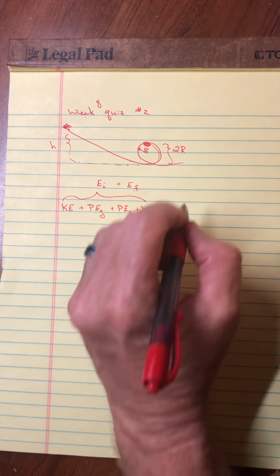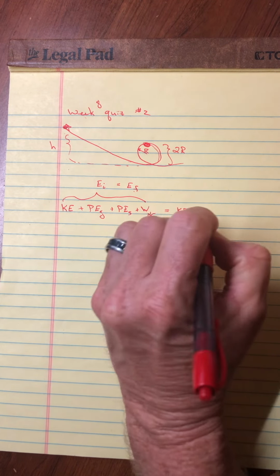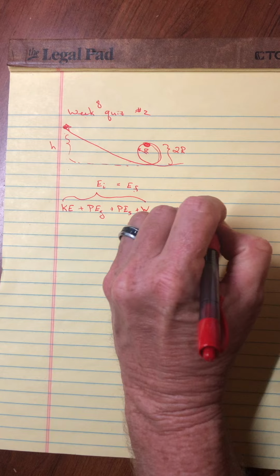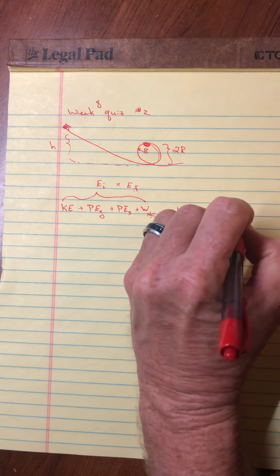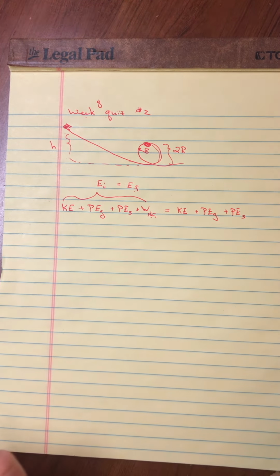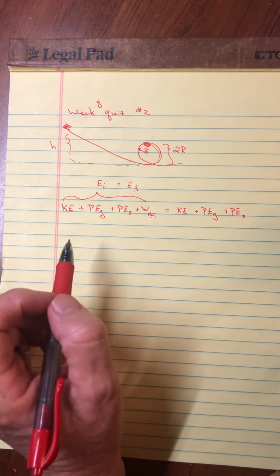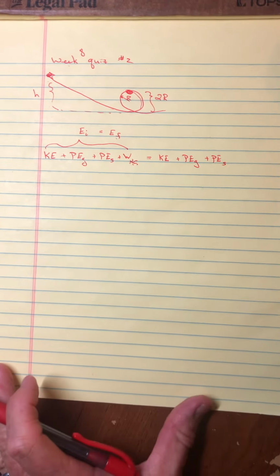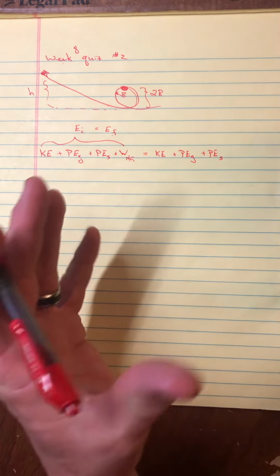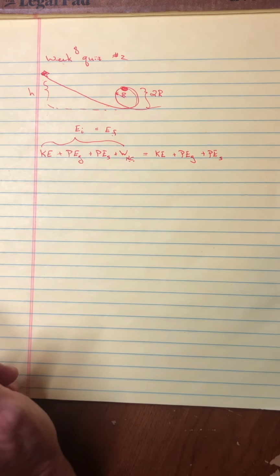And then final, well, we could have some final kinetic energy and some final gravitational potential energy and some final spring or elastic energy. And I like to write them all out for educational reasons. Maybe you should start every problem involving energy like this because you have laid everything out there.